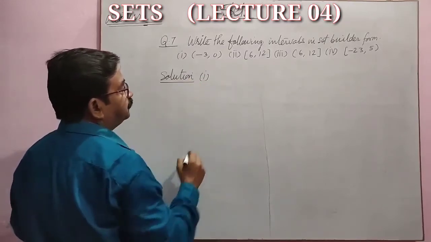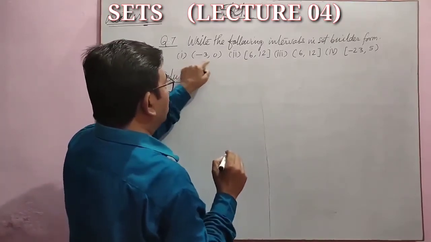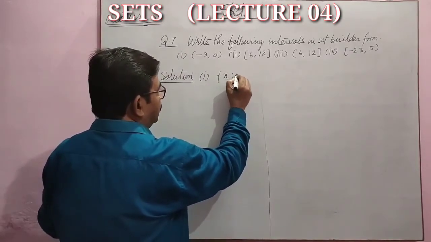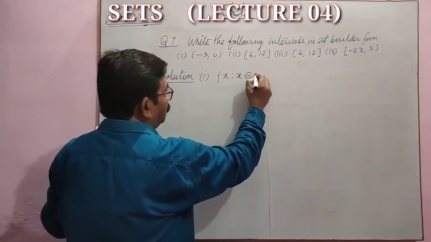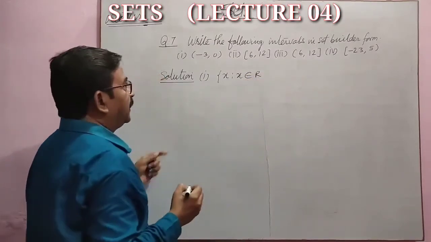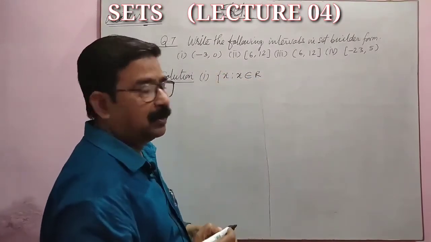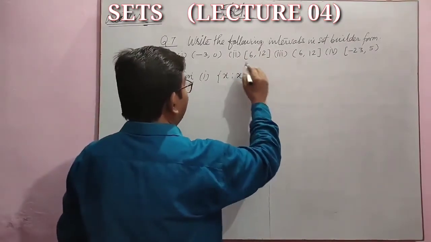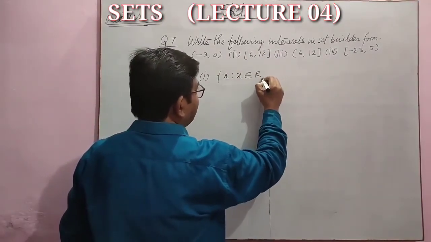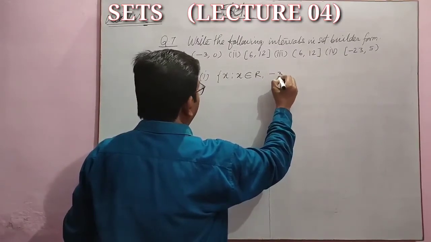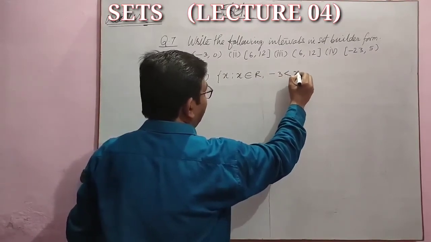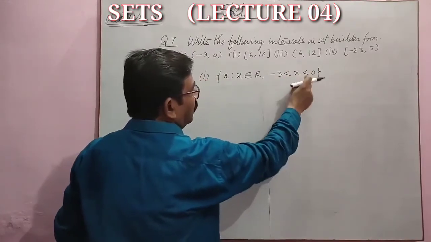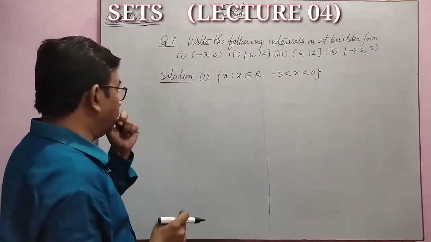First part, first one both open. So how can we write? x such that x belongs to R, means x is a real number, as it was written in the previous question, and what is this? Minus 3 is less than x is less than 0, means both are slack inequality, open.